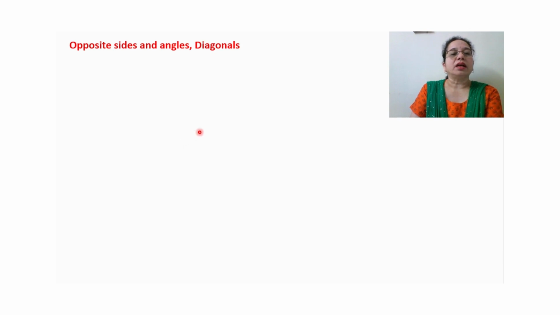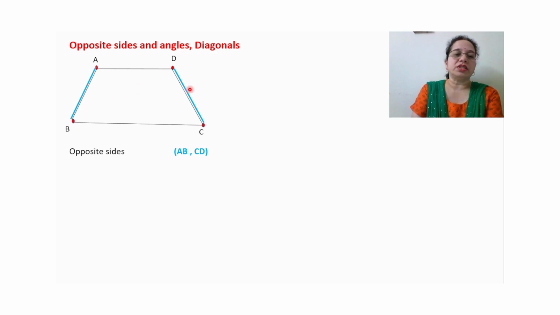Opposite sides and opposite angles. So this is the quadrilateral. Which two are the opposite sides? If I talk about AB, then AB and CD are two opposite sides. If I talk about BC, then BC and AD are opposite sides, and we are getting two pairs of opposite sides.